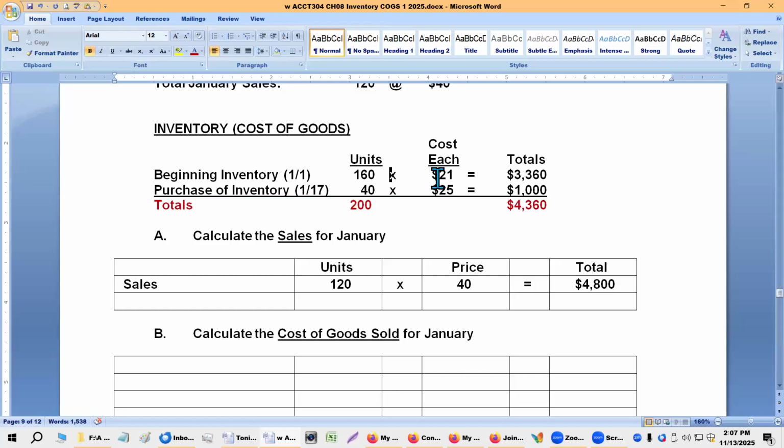Now you might be saying, well, why can't we just add the 21 and the 25 together and average that? You can't do that because if you had the same amount of units, you could, but we don't. We have a lot more at the 21 than we have at the 25. So you just multiply them out and it'll do the weighting.